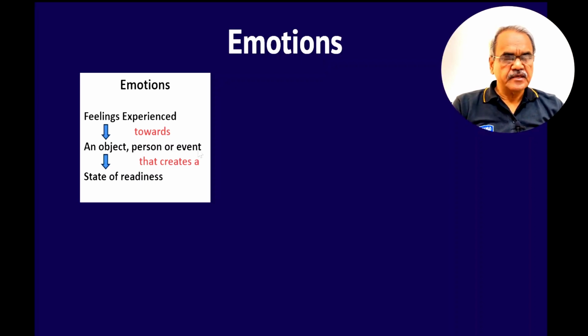It could be anything in your day-to-day life situation. And that creates a state of readiness. Once you get these emotions, certain changes happen inside of you, which bring you to a state of readiness to do certain actions.